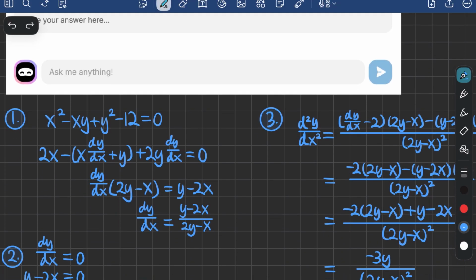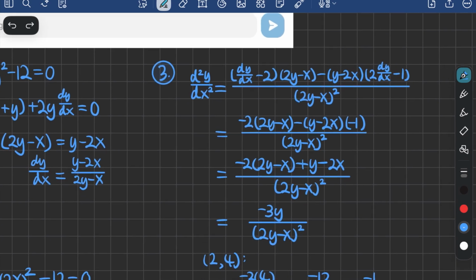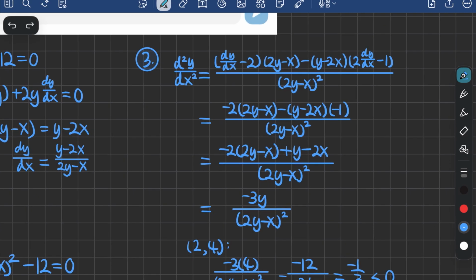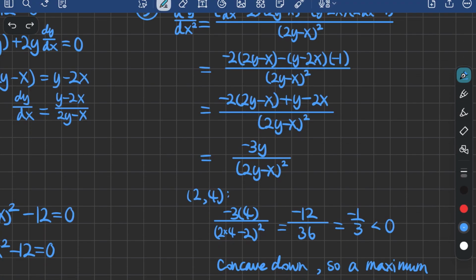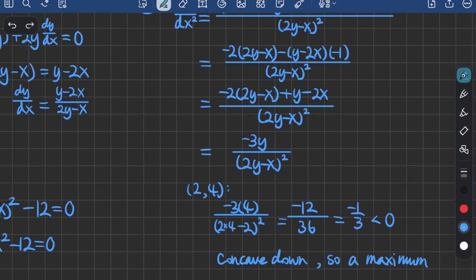So we need to take the derivative of this to obtain the second derivative. The easiest way is to use the quotient rule, I think, because it looks messy initially, but you just do the implicit differentiation again and simplify, and you will have this very elegant fraction.